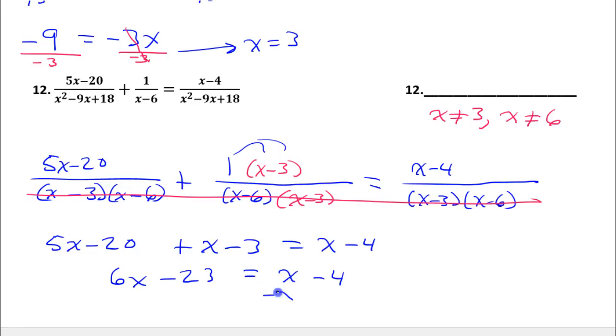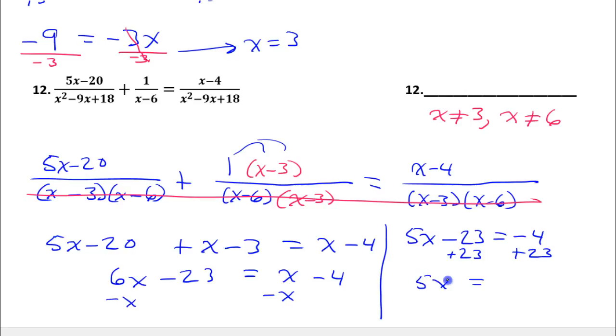So imagine that I subtract x from both sides. That's going to give me 5x minus 23 is equal to negative 4. Now I'm going to add 23 to both sides. That's going to give me 5x equals 19.